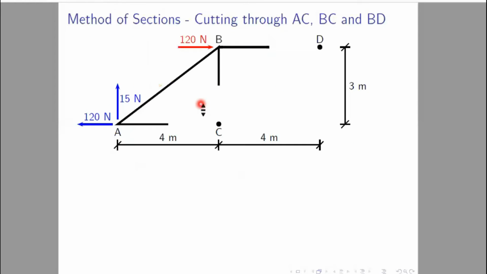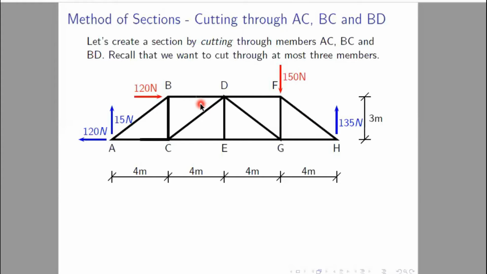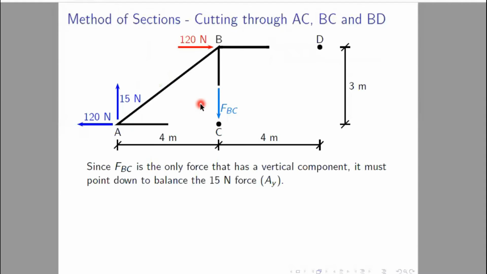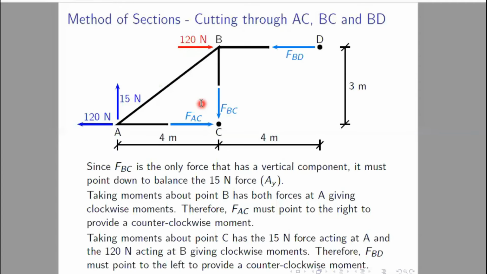You can see, so this is we have just taken that part, and you can see as in BC there was an unknown member force FBC, and at AC there is an unknown member force FAC, and at BD there is also one unknown member force.